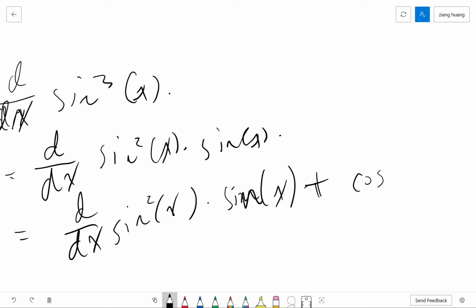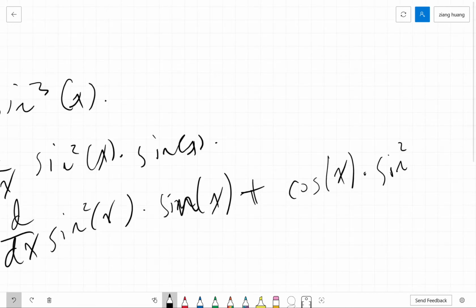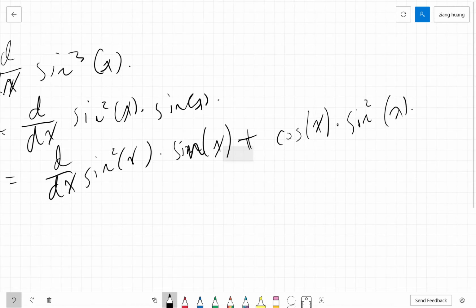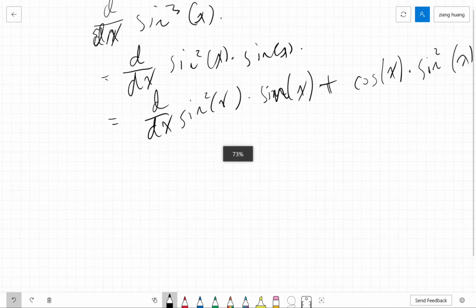So you add cosine of x, this is multiply, not plus, my apologies. So we have this thing.